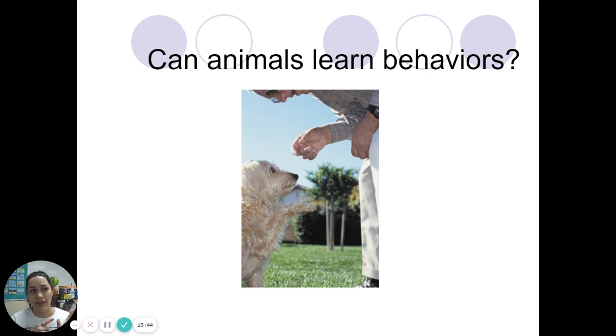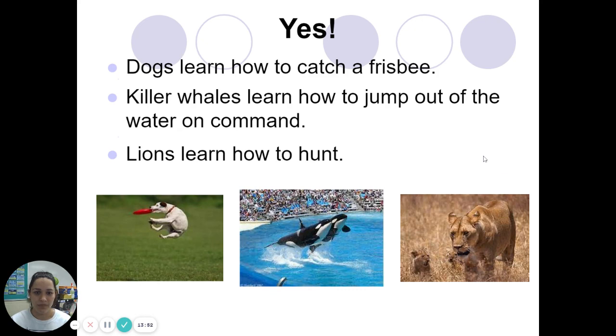So yes, definitely, animals can learn behaviors. Dogs, cats, seals, pigs, even mice and rats. I've seen that too. Birds, animals can learn all sorts of different behaviors, okay? So dogs can learn how to catch a Frisbee. Killer whales, or we know them as Shamu at SeaWorld, can learn how to jump out of the water on command. And then lions learn to hunt.